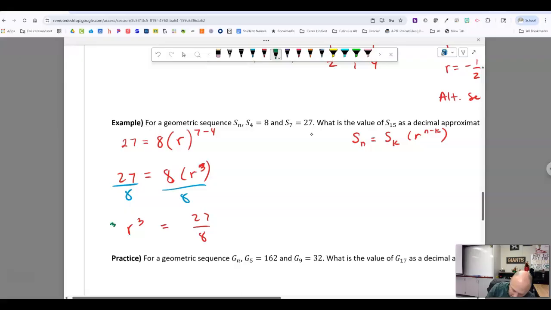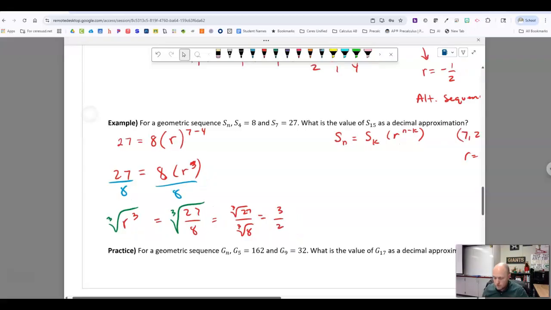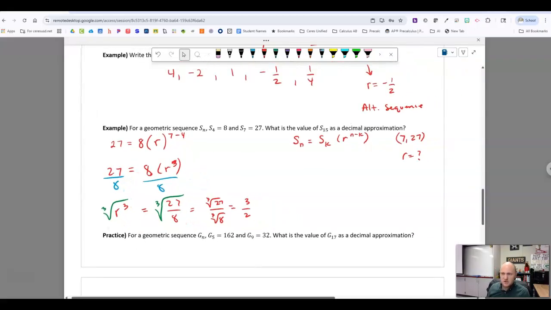And then I can take a cube root of both sides. I get the cube root of 27 divided by the cube root of 8, which gives me 3 over 2. Okay, so there's my ratio. My ratio is 3/2.